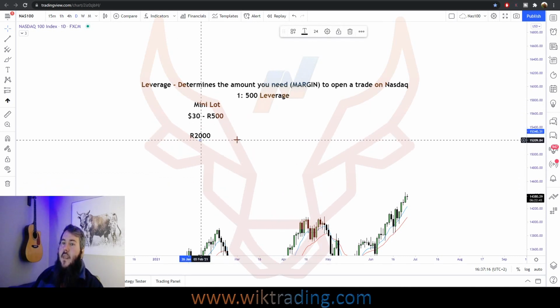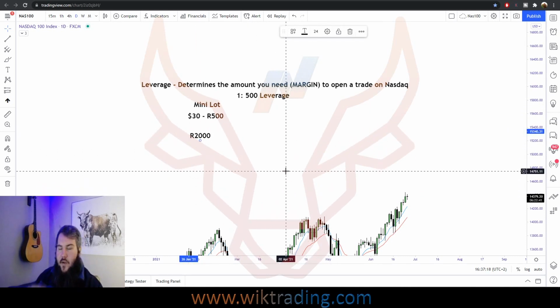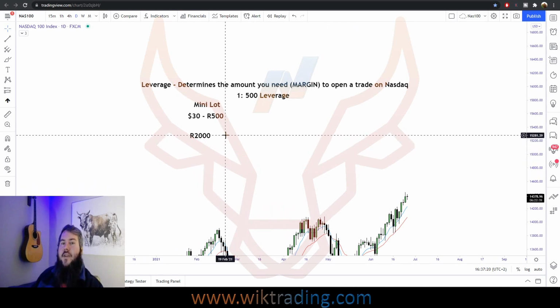So when I have 2,000 Rand, every single time I want to take a trade on Nasdaq, I only transfer the amount that I'm willing to risk on that specific trade to my trading account. And there's a lot of mentors that would say, no, you can't do that, you need that extra space on your chart when the market gives you drawdown.